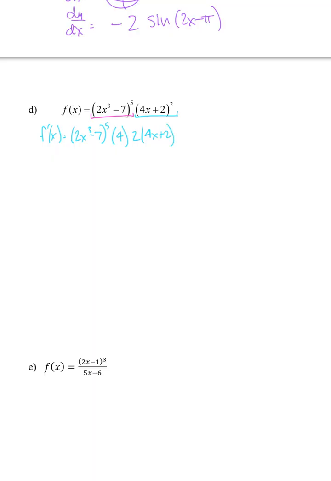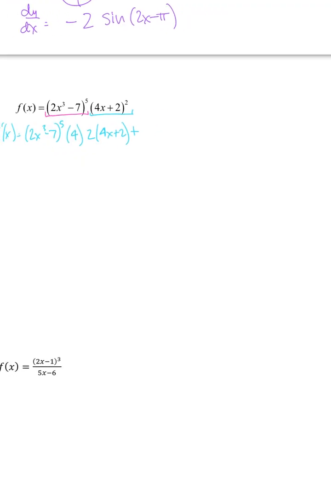So I've done the first times the derivative of the second. Plus, now it's the second times the derivative of the first. Derivative of the first is a peanut M&M. So the derivative of just the peanut is 6x squared. And then the entire M&M is 5 times (2x cubed minus 7) to the fourth.